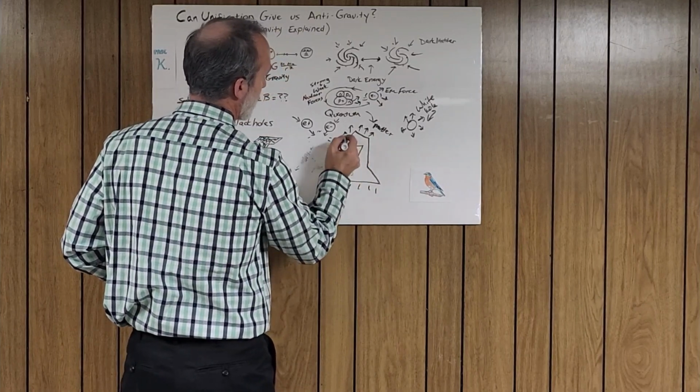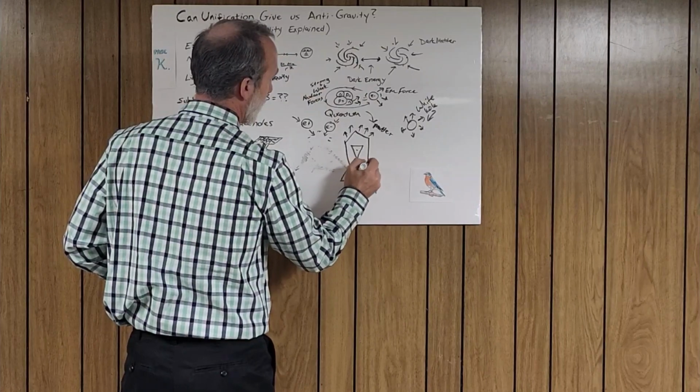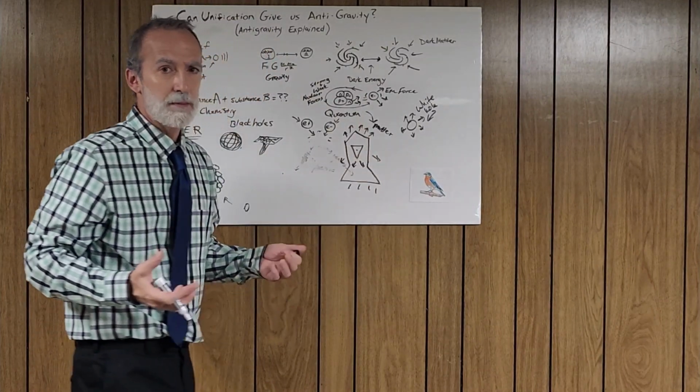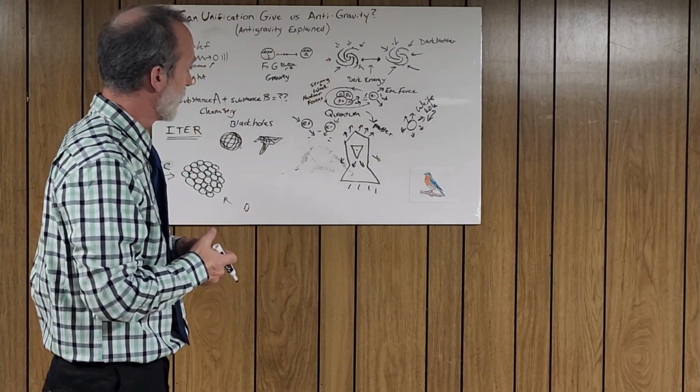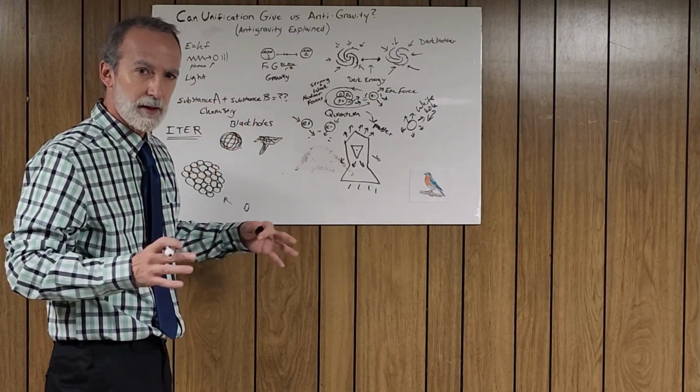Here's the center of its mass, and it emits equally out in all directions. This rocket shape might not do you any good, because there's no reason to have that type of structure when you have something like this.